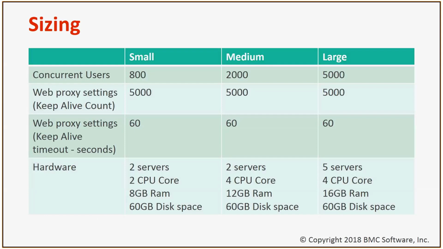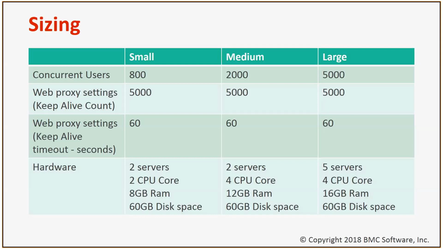These numbers have been reviewed periodically for every major version, and most of them are also reported as part of BMC ITSM benchmarks and are available on the BMC support site. So let's say you have defined that your concurrent users is 2,000, then you would need to adjust your keep alive count to 5,000 in your web proxy settings, and also your keep alive timeout in seconds to 60.